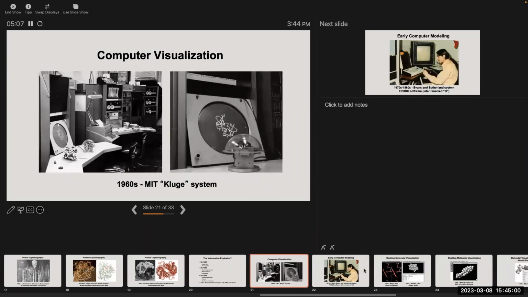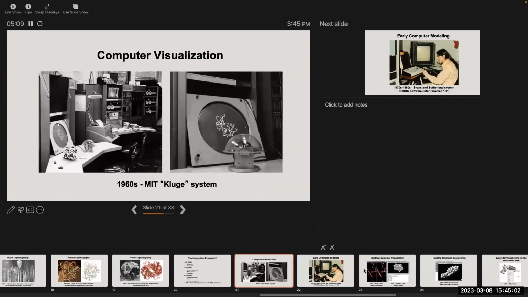Shortly after the structure of complex molecules was solved, things like the structure of DNA and the first protein structures, there were other scientists who were working on ways of representing these protein structures digitally. Some of the earliest work on this was done by a guy named Cyrus Levinthal at MIT.